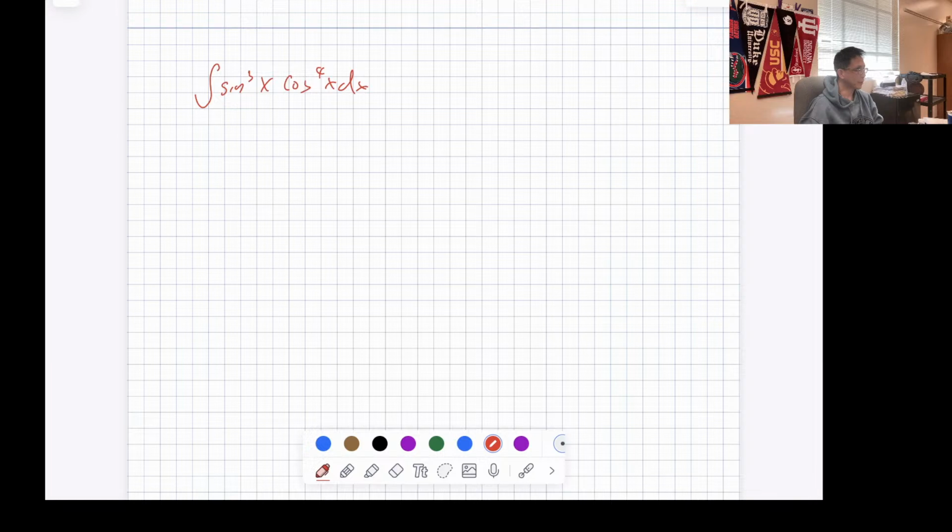Only need to use substitution. No integration by parts, no anything else. Only identities.